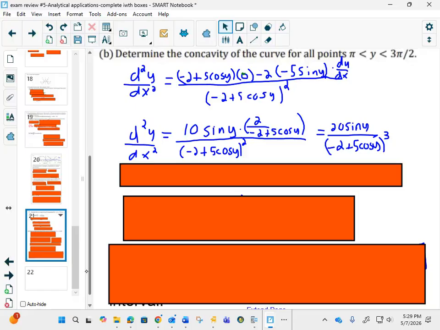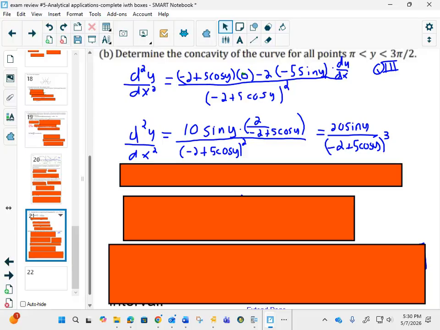What quadrant is this? Third. That's quadrant 3. Why is that helpful? Oh, CAST. You know that sine will be negative. You know that cos will be negative. If sine is negative, would you agree the top is going to be negative? Yes.